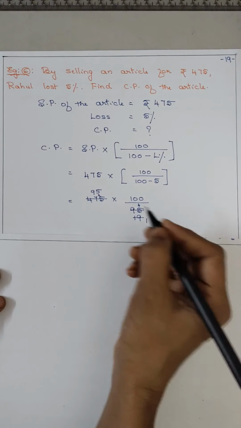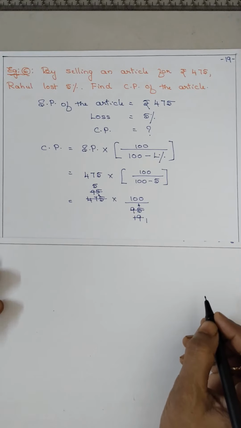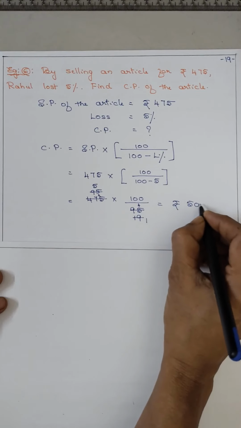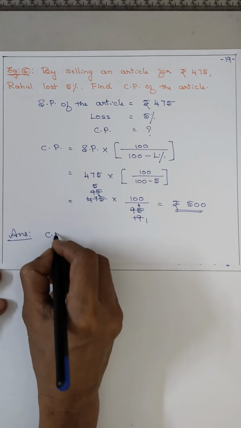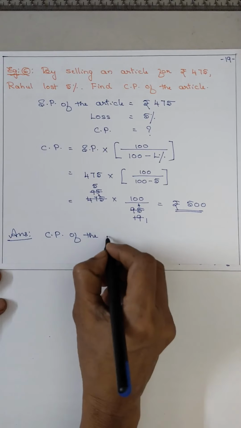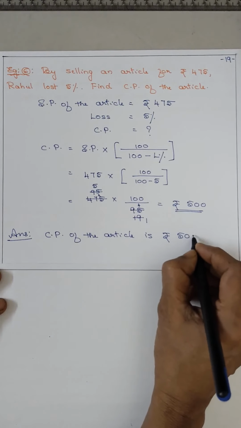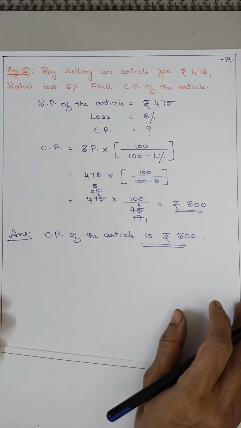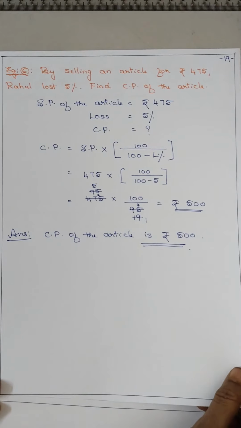In the table of 19: 19 fives are 95. So it is rupees 500. Answer: CP of the article is rupees 500. Is it okay? So loss percent is given and SP is given. Find out the CP. So that was example number 6.